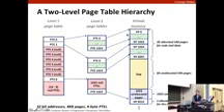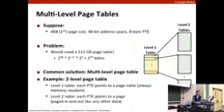We would need a PTE for every page within that address space, whether it was used or not. If we had a 48-bit address space, we'd need a page table entry for each virtual page in that address space, whether that page was used or not.